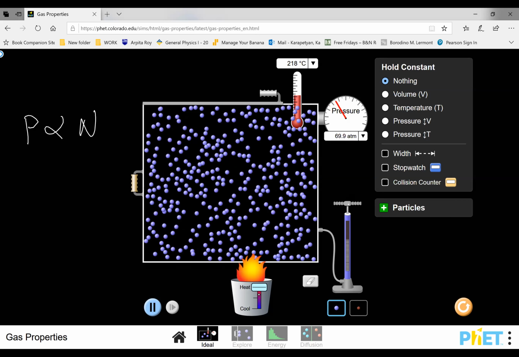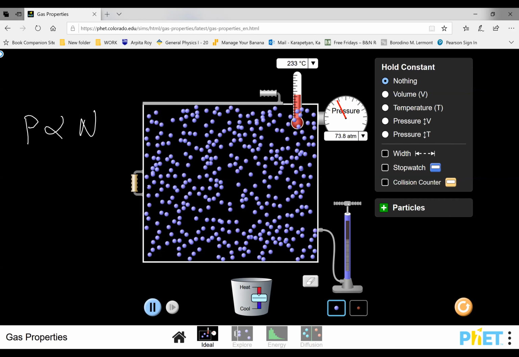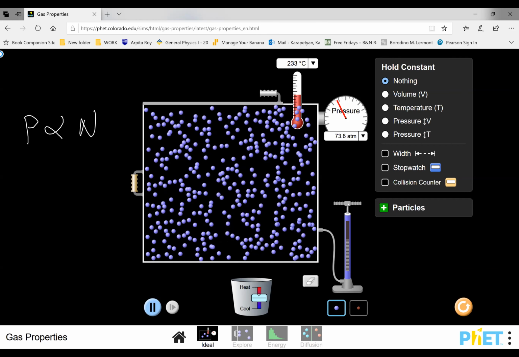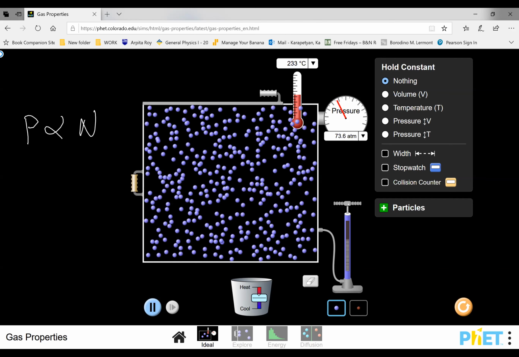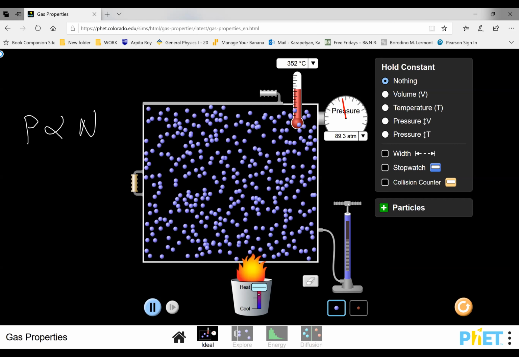As they started moving faster, look at what happens to my temperature. It went all the way to 233 degrees Celsius. And look at the pressure. Pressure increased. When temperature increases, pressure increases.